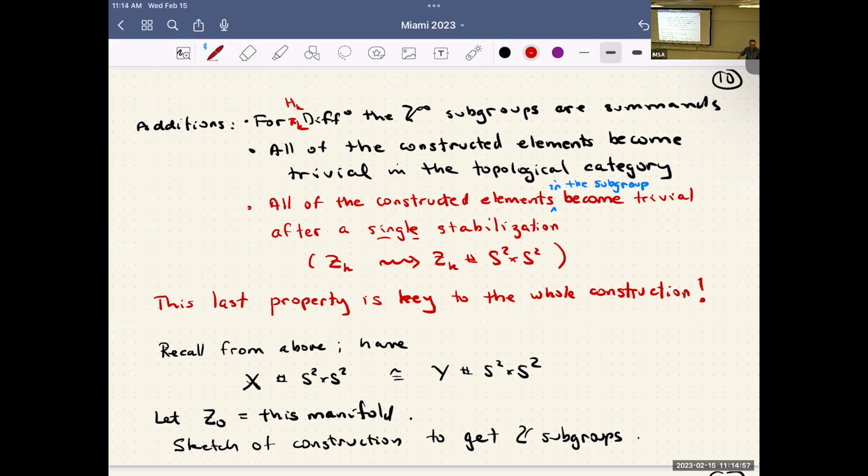You just take the families, assume nothing interesting is going on on a disk, and then you add on another S2 cross S2, and the whole thing just falls apart. So those things are all trivial in that sense.